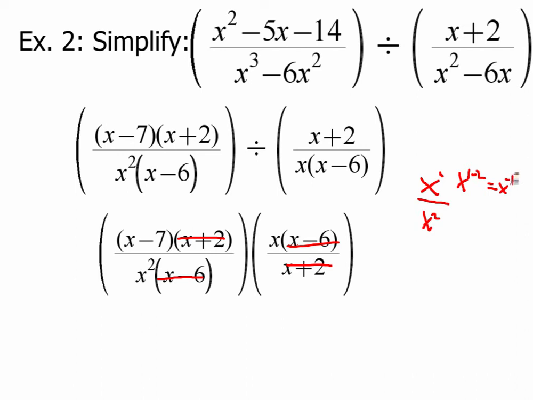And if you remember from Algebra 1, x to the negative 1 power is simply 1 over x. So what ends up happening is this x gets canceled, and this x just loses its 2 and stays x. So we just figure out what we're left with. We're left with x minus 7 and x, so that is our answer. So that is how we multiply and divide rational expressions.